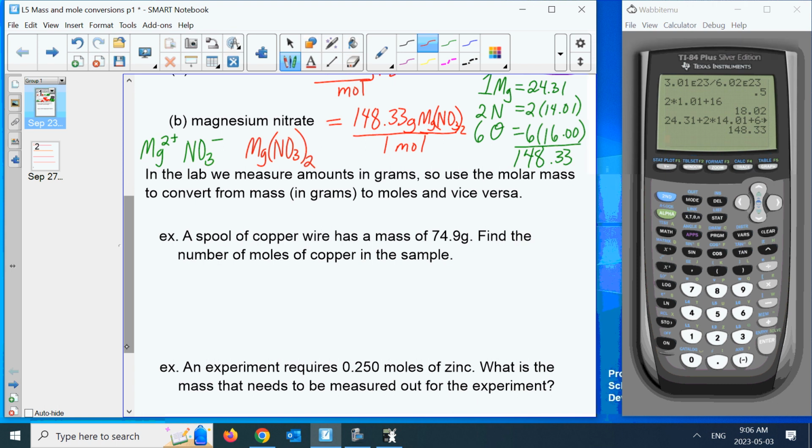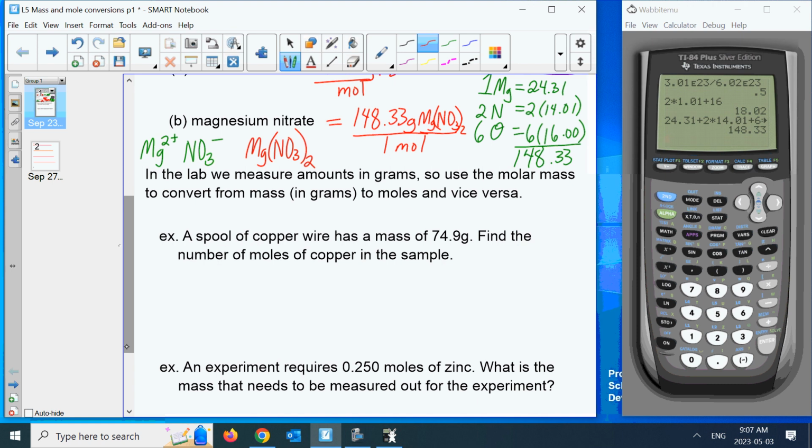We used a little bit of it, so it won't quite be 74.9. And that's ignoring the plastic, which doesn't weigh as much as this. But this is 75-ish grams of copper. So, find the number of moles of copper in this.